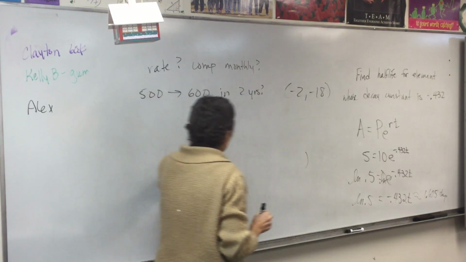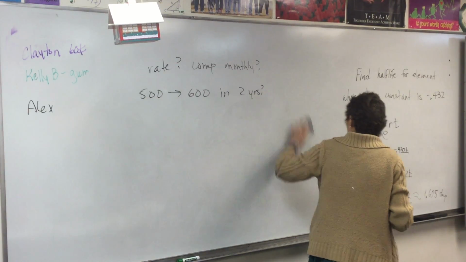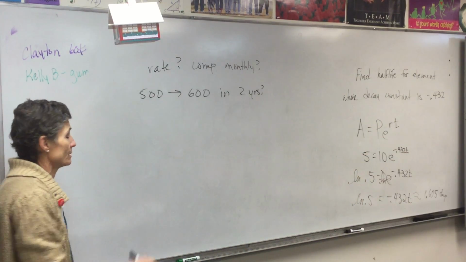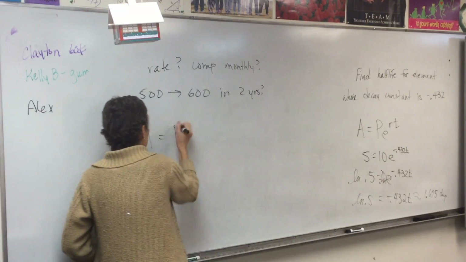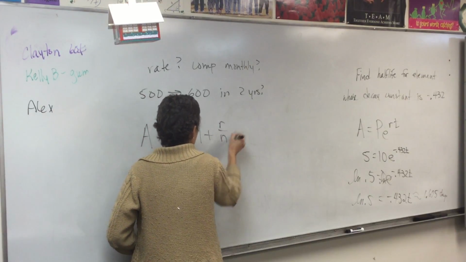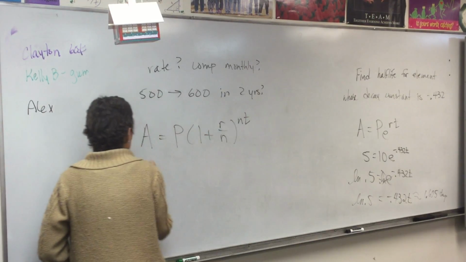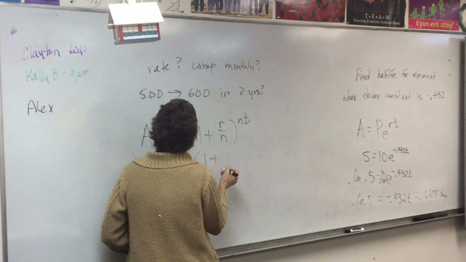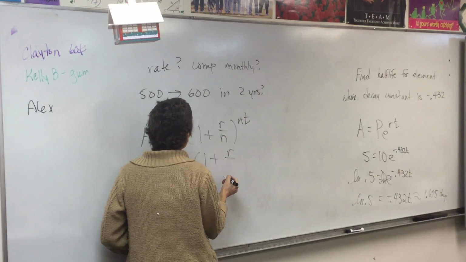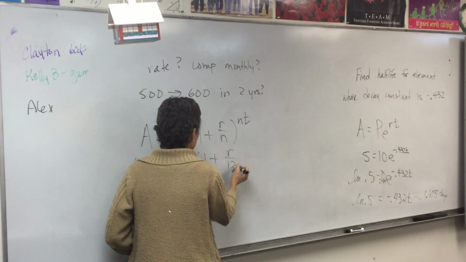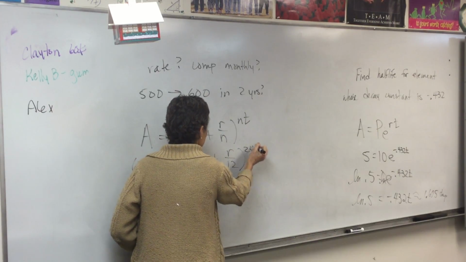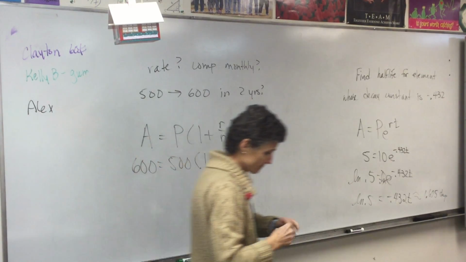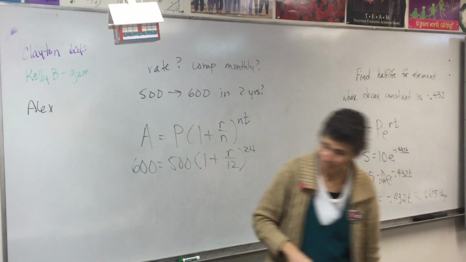So what interest rate compounded monthly would grow $500 to $600 in 2 years? So that's compound interest. So 600 equals 500. I don't know the interest rate, but I know I'm compounded monthly for 2 years. So that would be my setup.